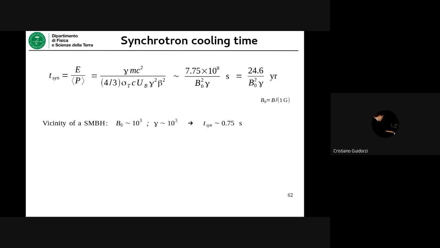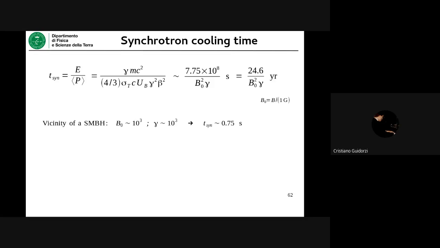What really made it a breakthrough image was the capability of seeing the horizon of a black hole for the first time. In that case, the black hole has a mass of the order of 10 to the 9 solar masses, almost a factor of 1,000 more massive than the black hole that lives at the center of our galaxy.